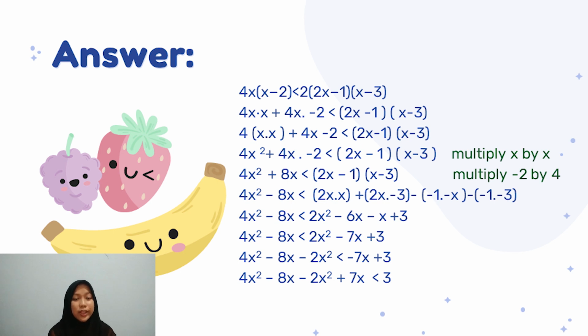Next step, multiply minus 2 by 4, and then 4x squared plus 8x is less than 2x minus 1 times x minus 3.